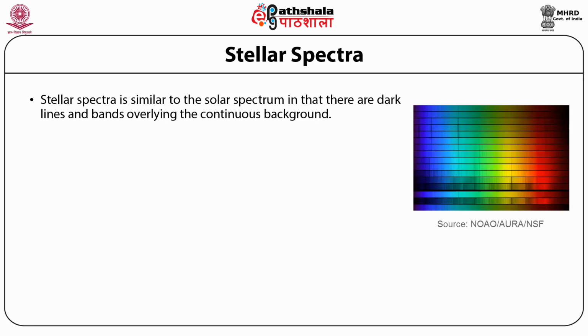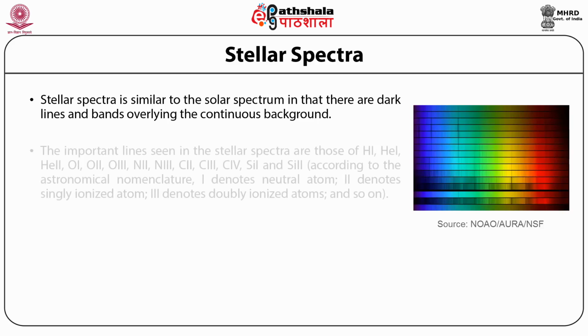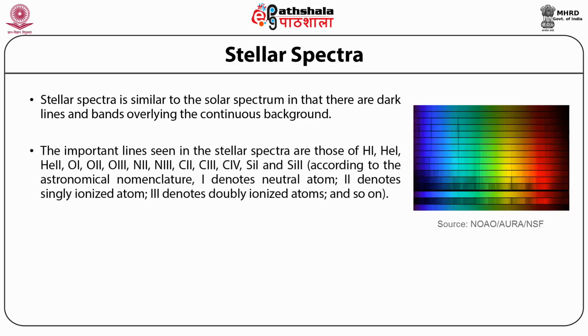Stellar spectra are similar to the solar spectrum in that there are dark lines and bands overlying the continuous background. The important lines seen in the stellar spectra are those of H I, He II, O I, II, III, N II, III, C II, III, IV, and Si I and II.